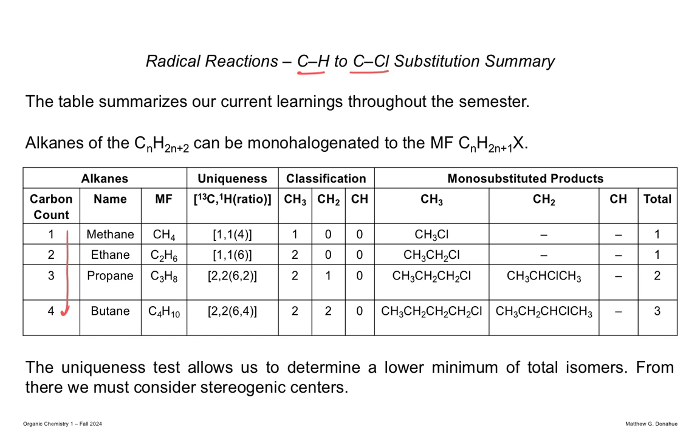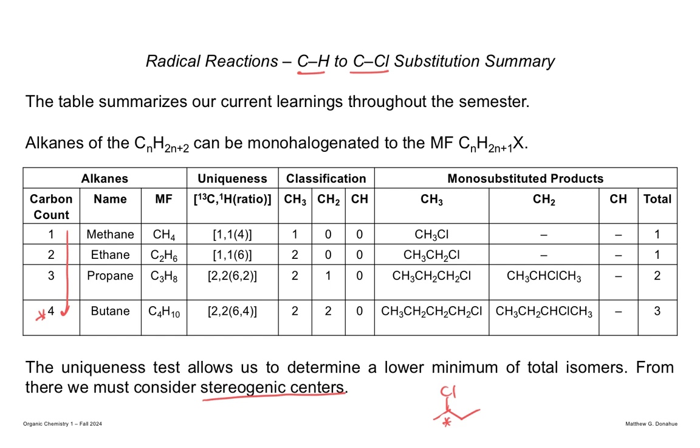With butane, though, keep in mind that's the carbon count where you start to have to consider stereogenic carbons. So when you get to 2-chlorobutane, that's now a stereocenter. That's the added layer from module 3.